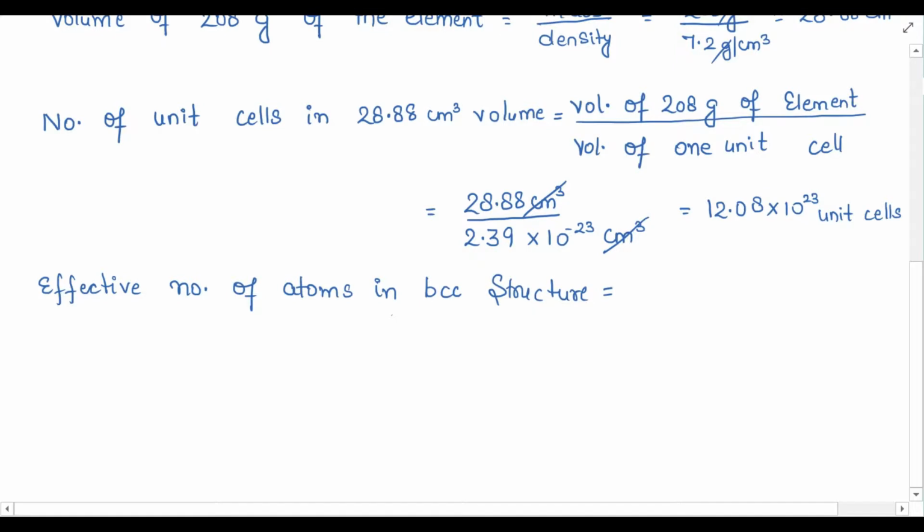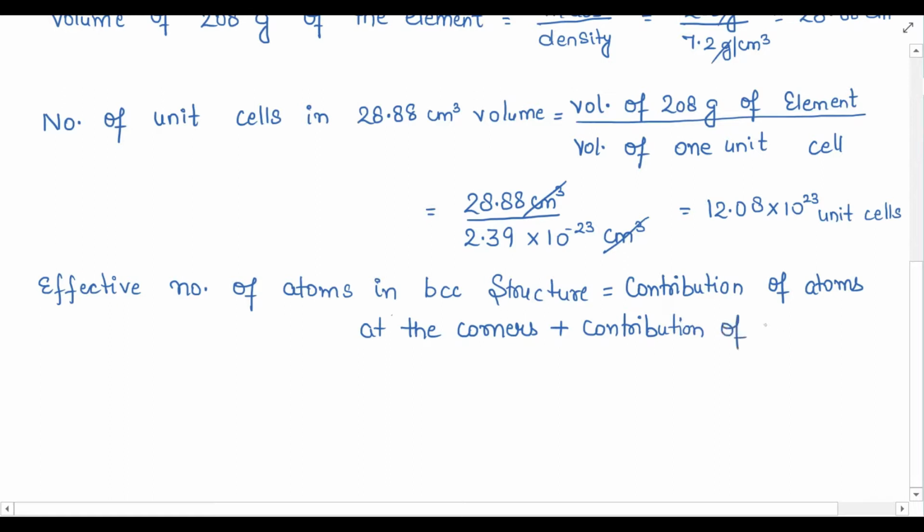You can write the effective number of atoms in BCC structure will be the contribution of atoms at the corners plus the contribution of atoms in the middle of the body.